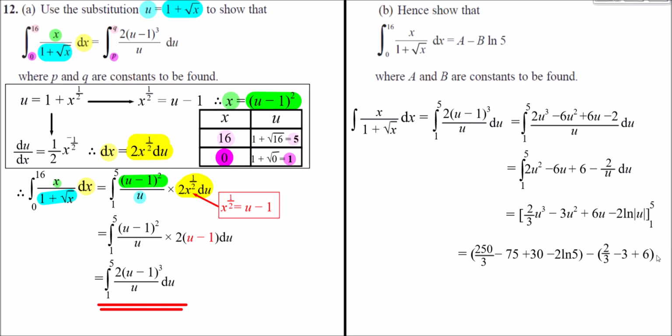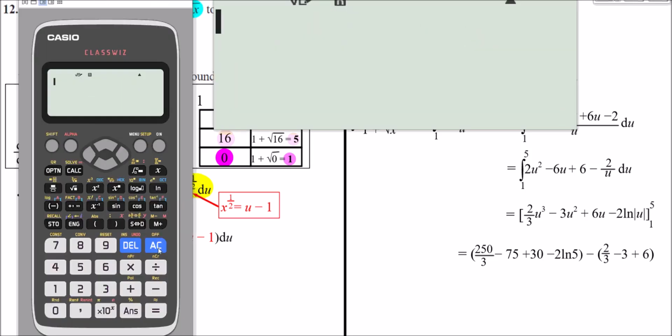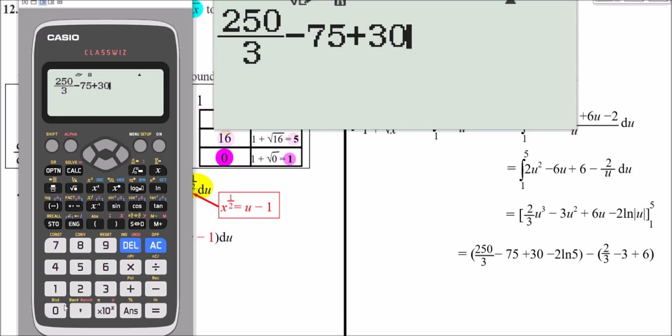The only thing we now need to do is to just type this in carefully, just the numbers. We need to leave it in this form here. So we know that the minus b ln 5 will be the minus 2 ln 5. So the only thing we need to do is just to add these values together, these fractions and constants. So I've got 250 over 3 minus 75 plus 30.